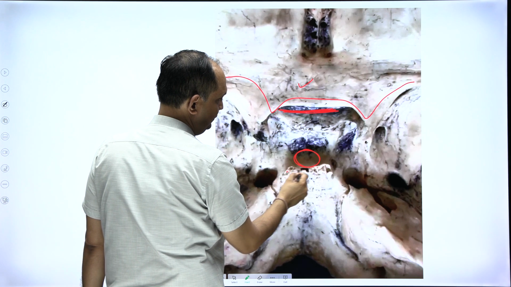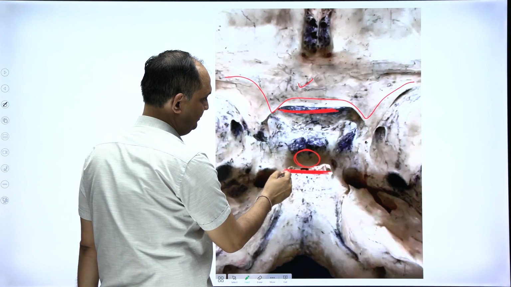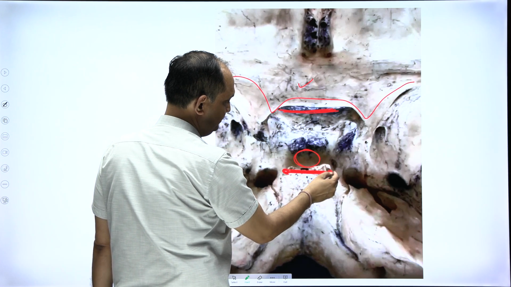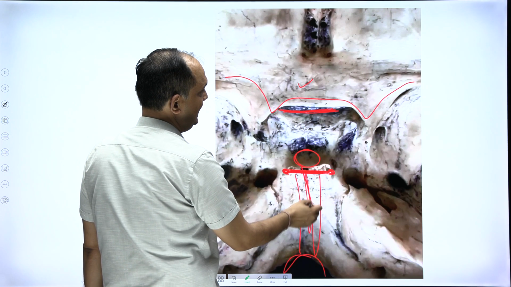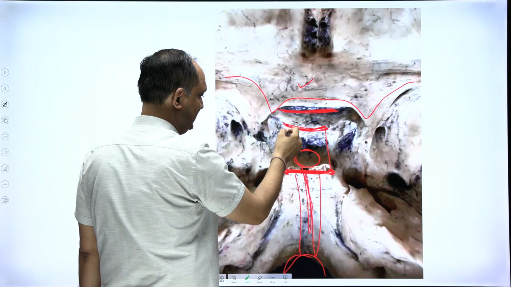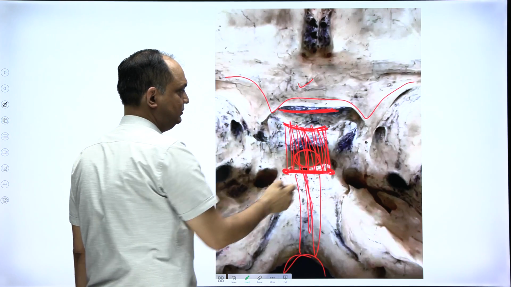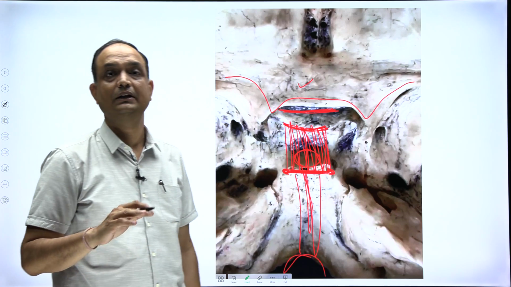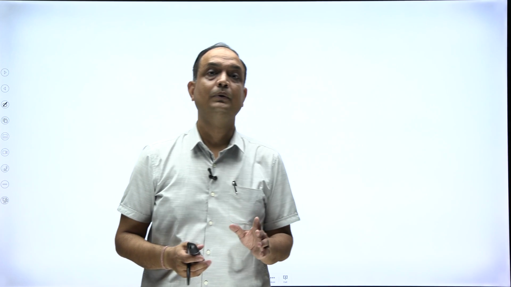Behind the pituitary fossa, this will become your dorsum sellae. There is a point known as the posterior clinoid process. This is the foramen magnum. So this area becomes the clivus, and anteriorly here you will find the tuberculum sellae, and from tuberculum sellae to dorsum sellae you will have a diaphragmatic structure known as the diaphragma sellae, which is formed by the dura mater. Clear?